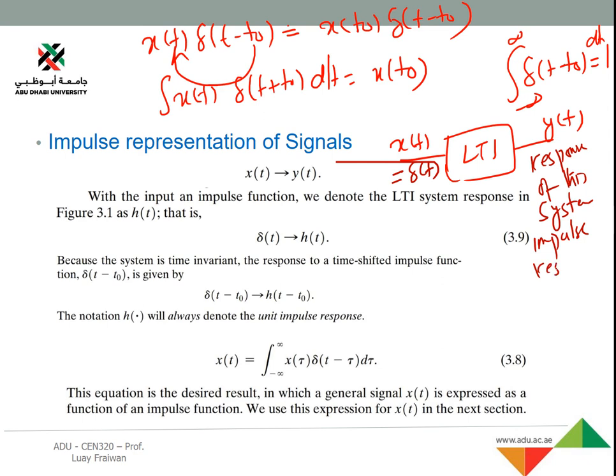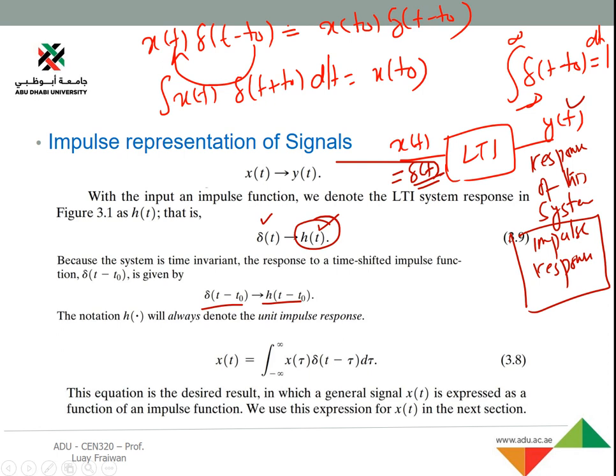We are going to use this word again and again. The response of the system when the input is an impulse is called the impulse response of the system, and we usually represent it by h of t. So if you have input delta of t, it will give you the impulse response h of t. If you have a shifted input, it will give you the shifted impulse response.